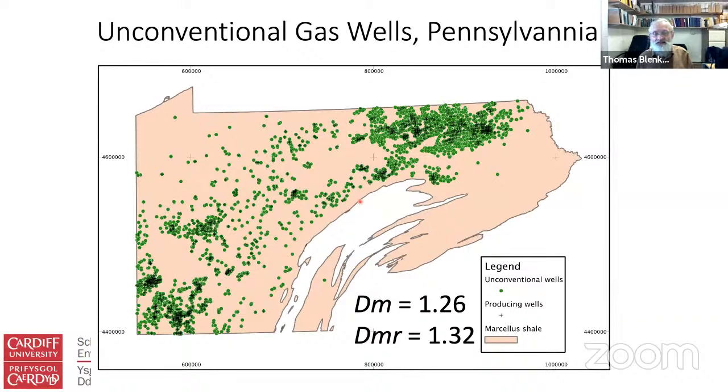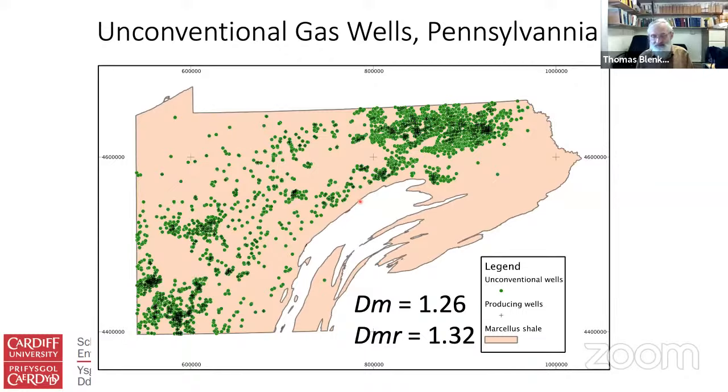Now, actually, I started to get interested in this topic when I started to look at maps like this and think about what the impact of such an incredibly dense network of gas-producing wells might be on the landscape.